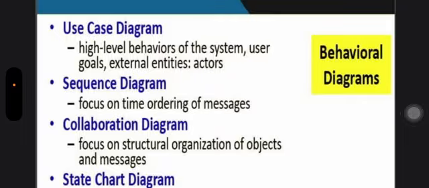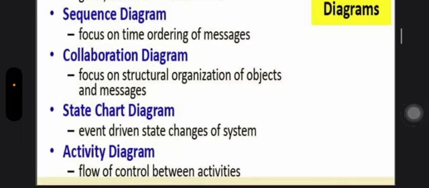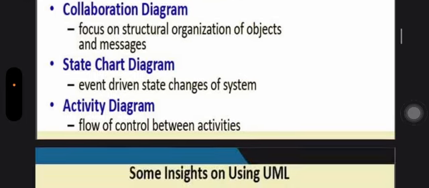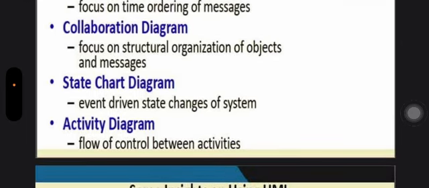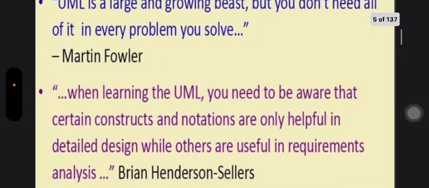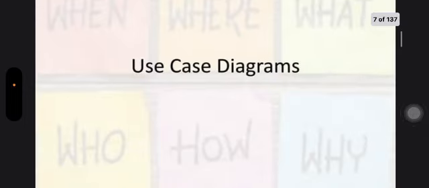In collaboration diagram, it focuses on structural organization of objects and messages. State chart diagrams are event-driven diagrams. Activity diagram shows the flow and control between the activities.